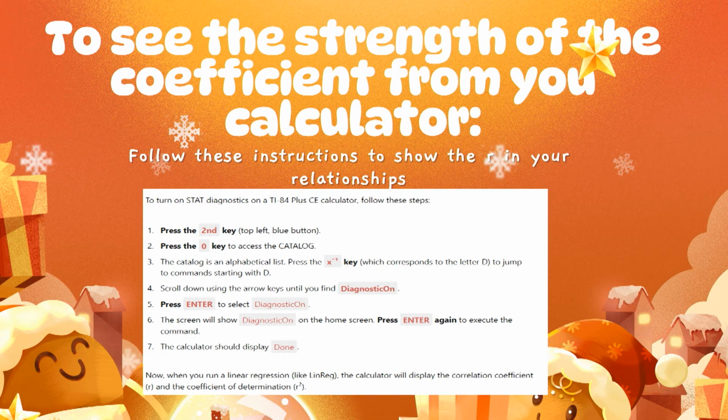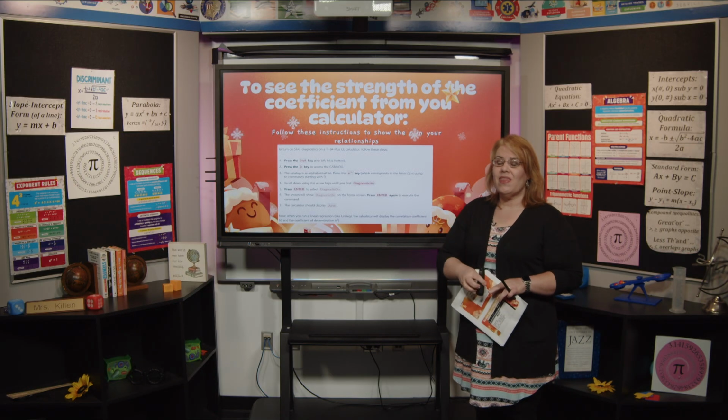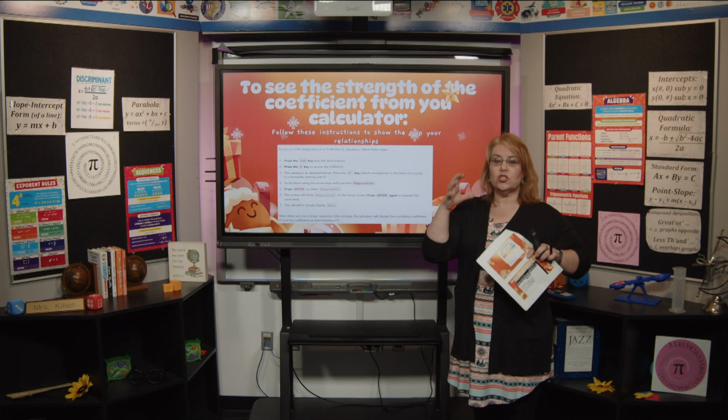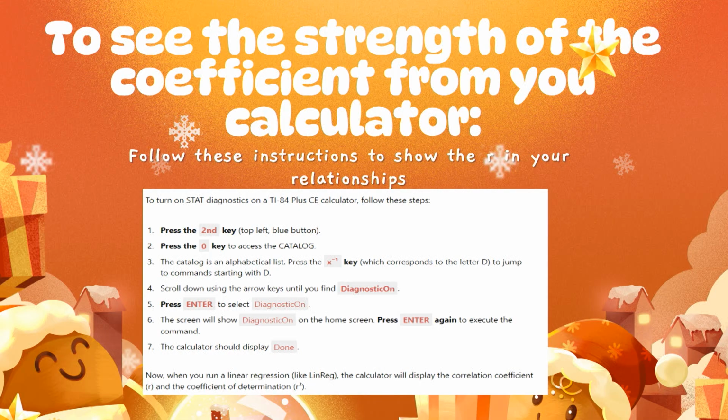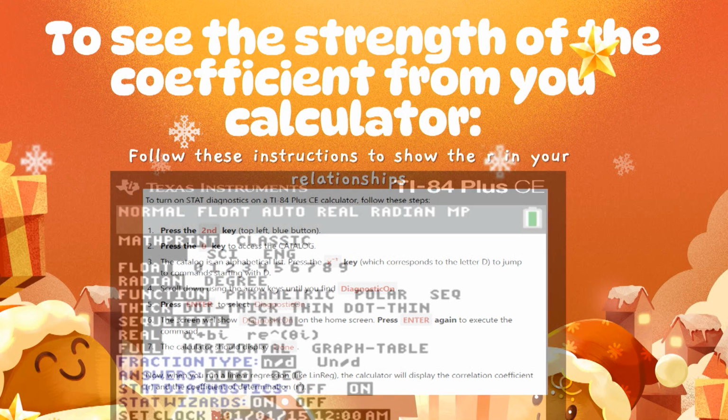To see the strength of the coefficients from your calculator, this is how you pull up that correlation coefficient's strength. This is the exact how-to. You go into your second key, and then you go into your catalog, and do everything that you need to do to that calculator to make sure that it shows your coefficient.